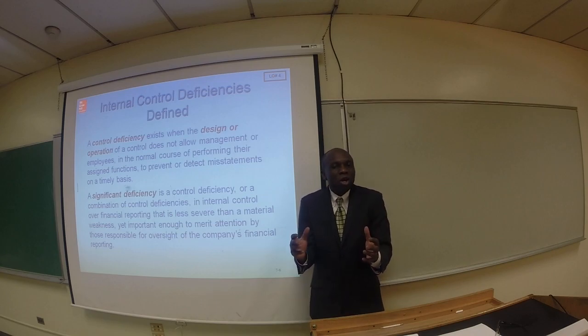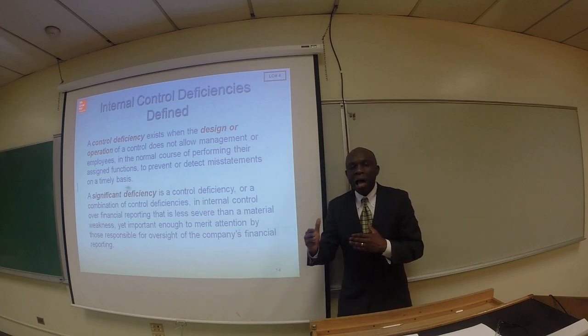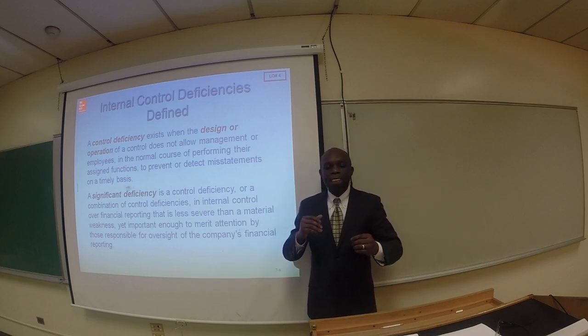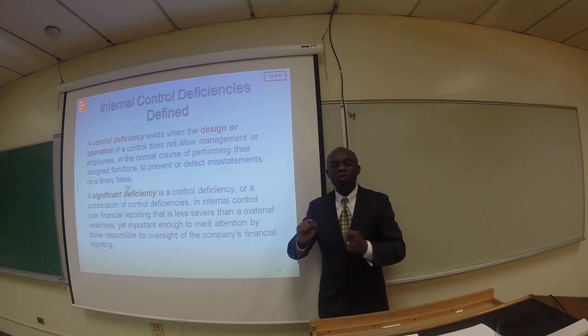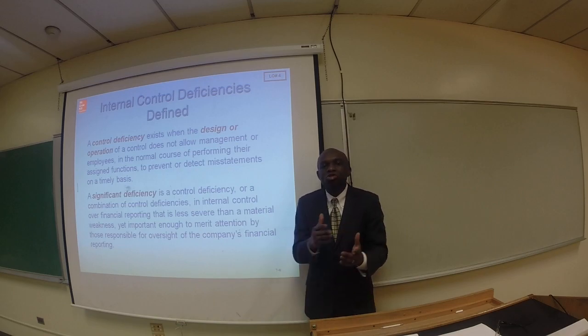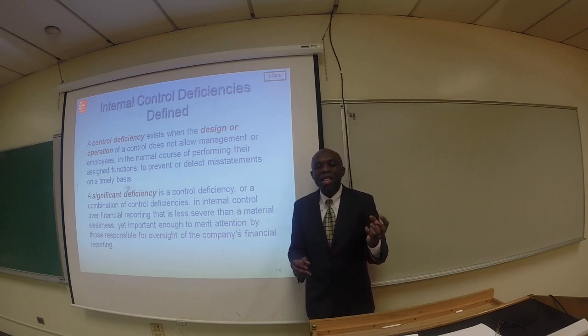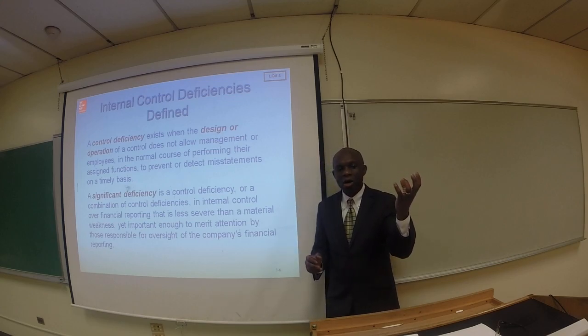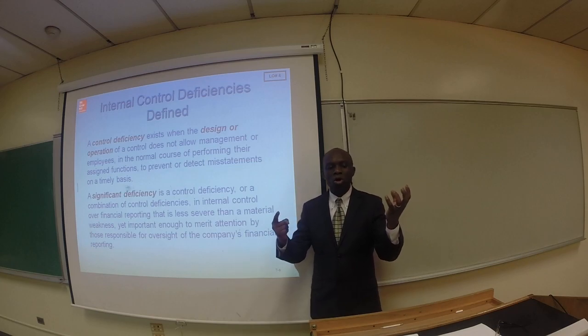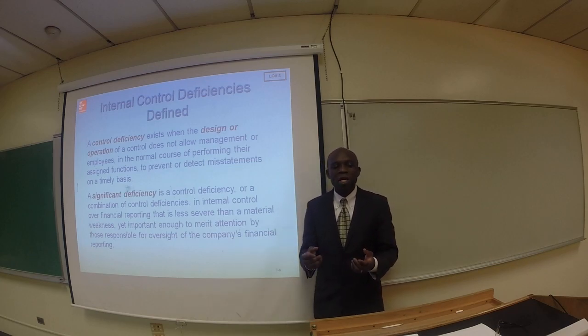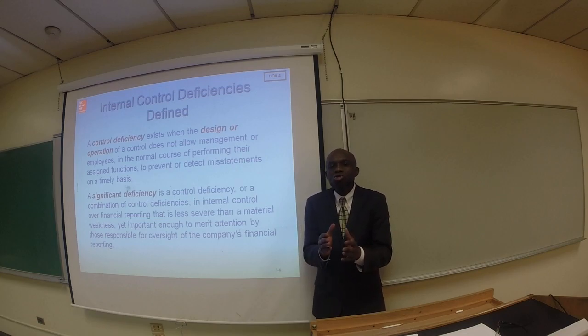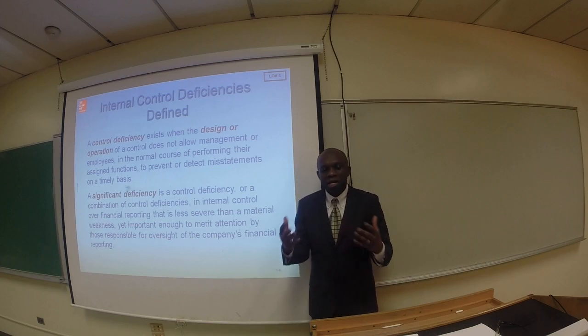One of the objectives of putting an internal control system in place is to allow the prevention or detection of misstatement in a timely manner during the normal course of employees doing their work. So when the design or the operation of the control does not allow management to make that happen, then we have a control deficiency. In other words, there is a control deficiency in the internal control system.